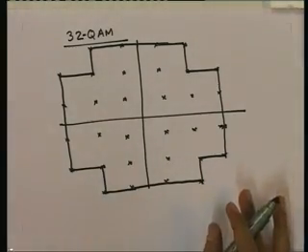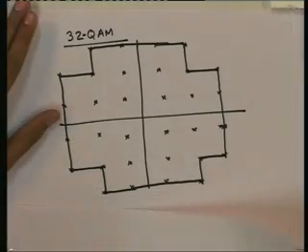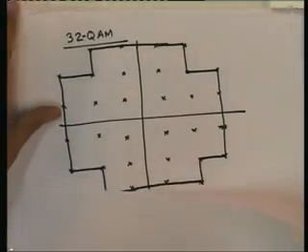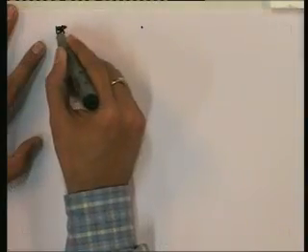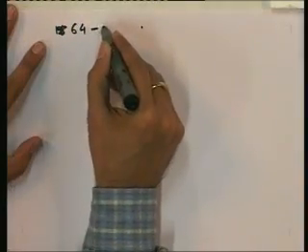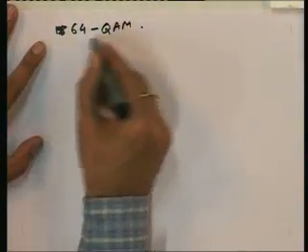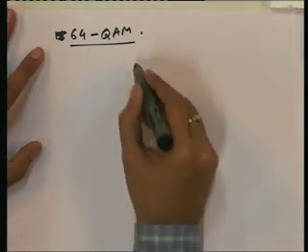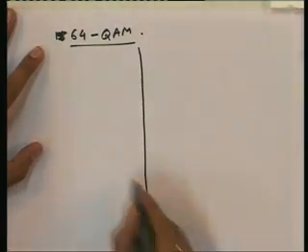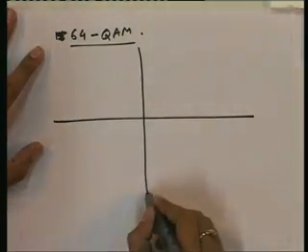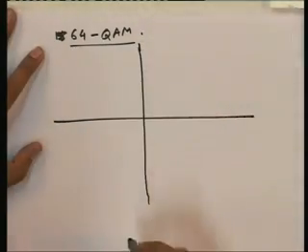Similarly, if you want to have a 64 QAM constellation, that is even easier. That will not be a cross constellation. The 64 QAM constellation is this. Eight times 8 is 64, 8 squared.